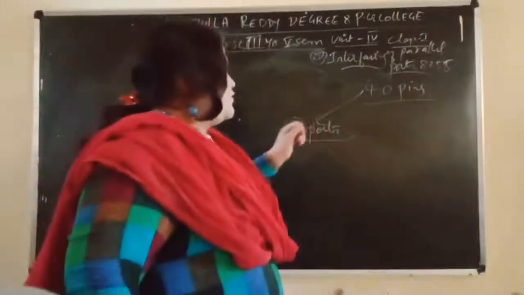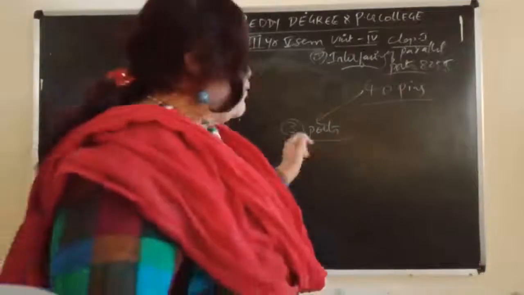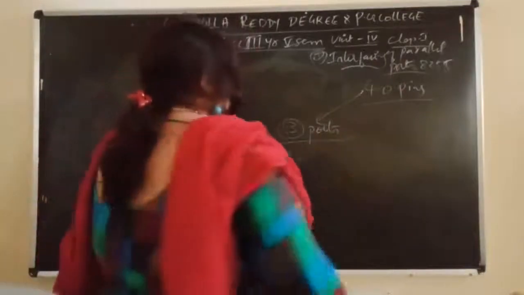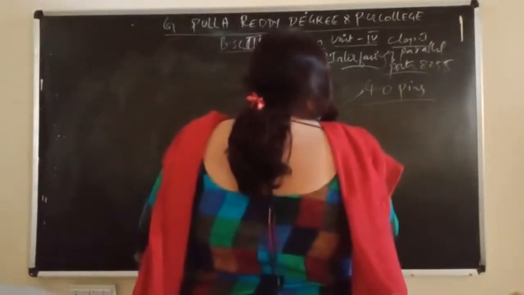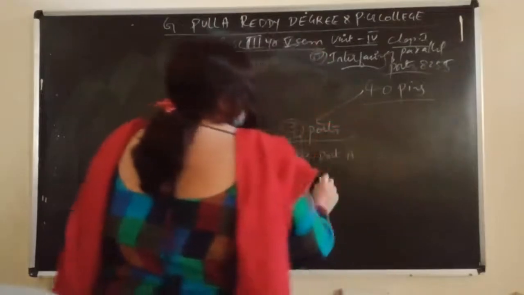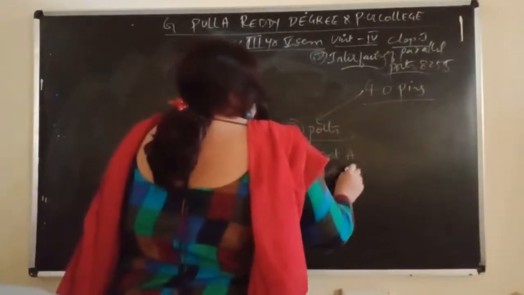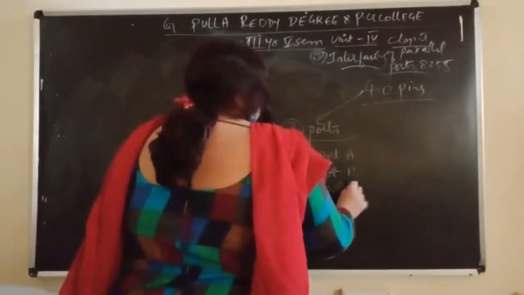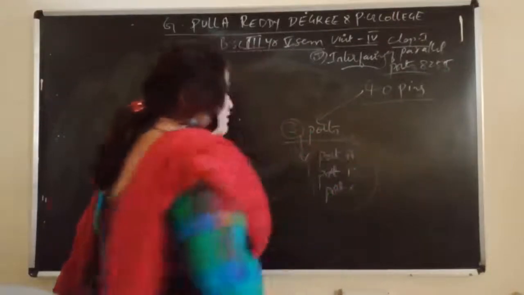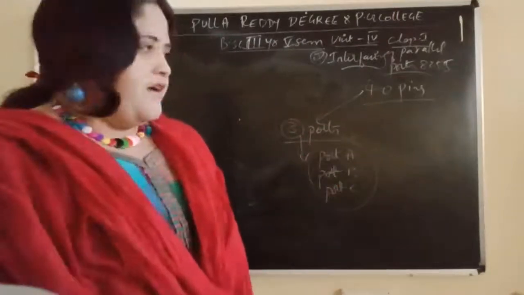What are those ports now? Okay, port A, port B, port C. These are the 3 ports available with 8255.